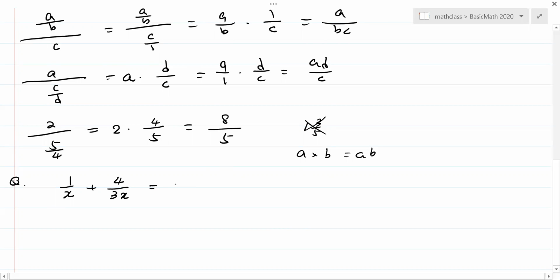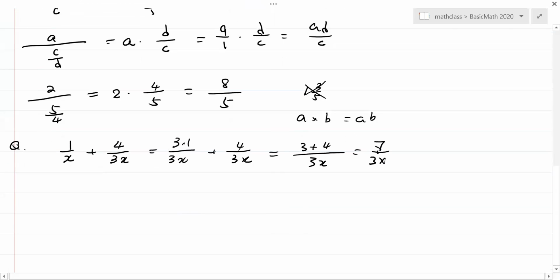Well, 1 over x, I can multiply by 3, so it's 1 times 3 over 3 times x. Now they have a common denominator, 3x, and 3 plus 4 is 7 over 3x. Okay, that's it.